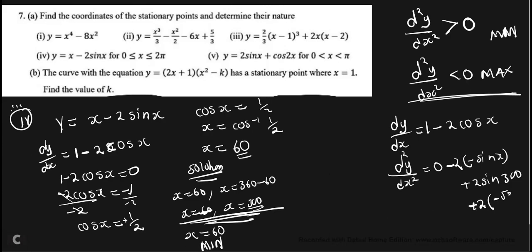Negative root of 3 over 2 times 2, that is a negative root of 3. Your answer in this situation is negative, meaning that it's less than 0, so that's your maximum. Like that. Then let's do the other one.